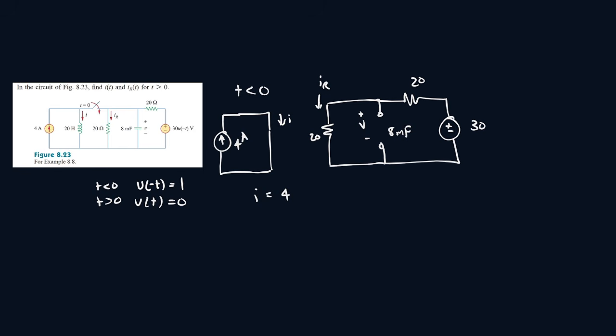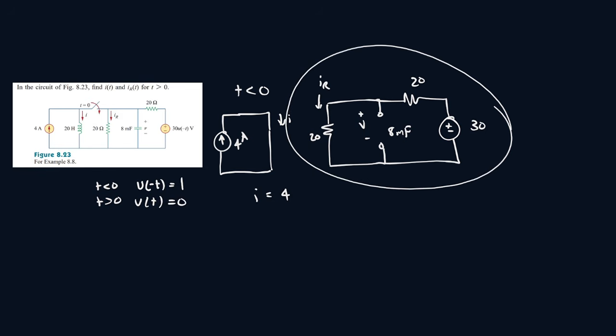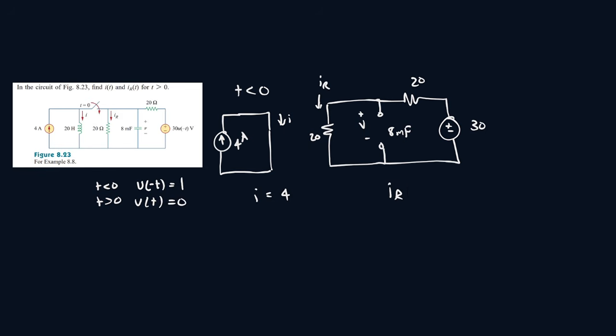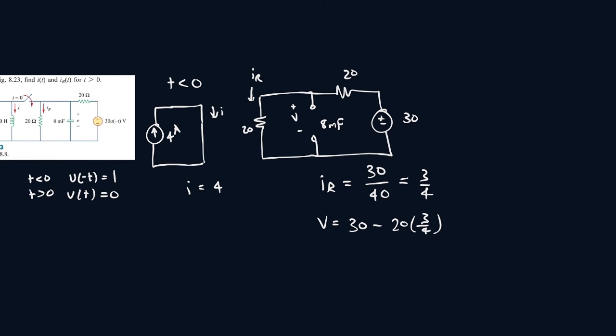And for this whole region, we know IR is going to be equal to 30 over 40. Okay, so 20 plus 20, that's 40. That's 3 over 4. And we can find V, which will be the voltage at this region. So voltage will be 30 minus 20 times 3 over 4, and that should give you 15 volts.